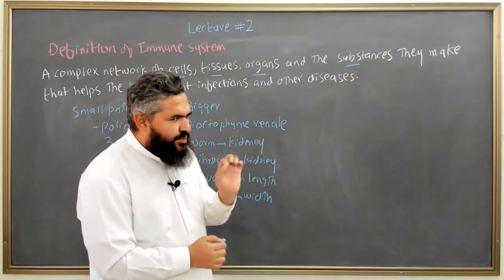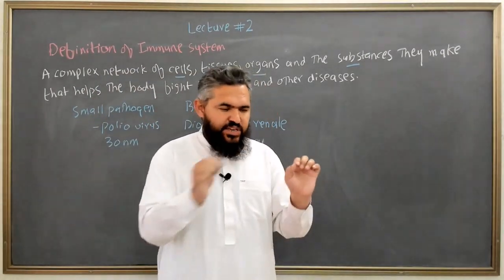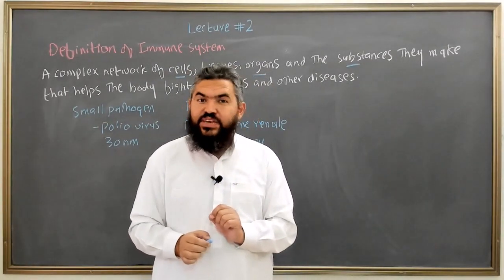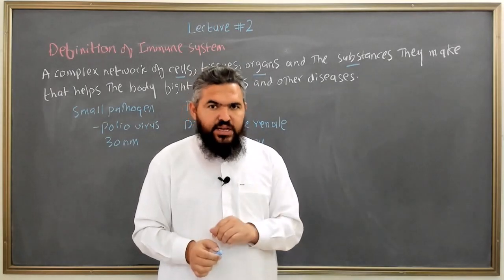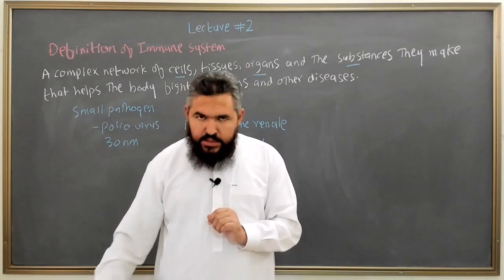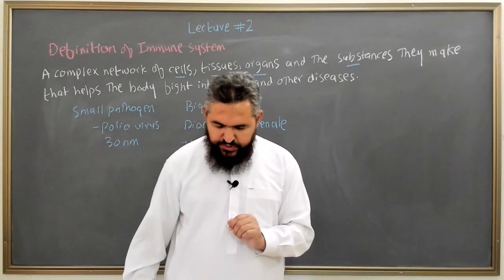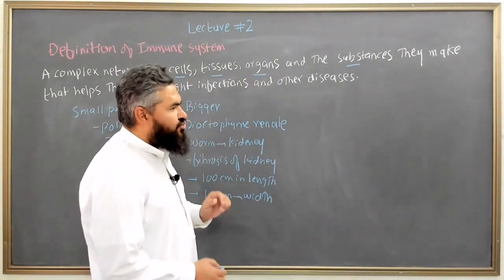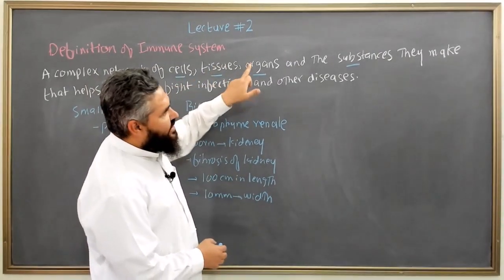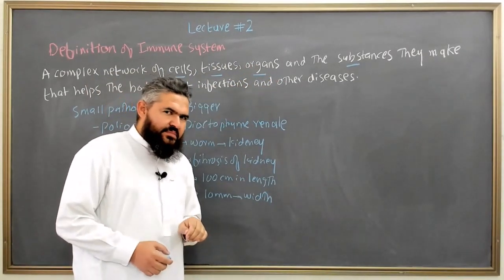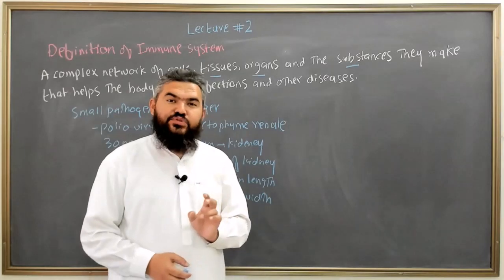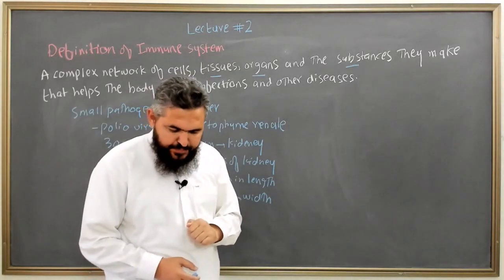We are infected with very small viruses, but also with very large ones, and to tackle them we need a very complex immune system. As I've told you, the immune system does not work in isolation. The cells, tissues, organs, and substances make a very effective collaboration so that the body can be protected from these infections.